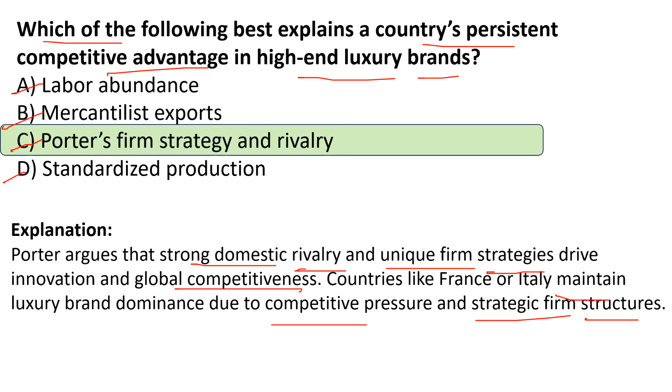They have dominance in their luxury brands due to competitive pressure and strategic firm structure. So the right answer is C, Porter's firm strategy and rivalry, which explains the country's persistent competitive advantage in high-end luxury brands.